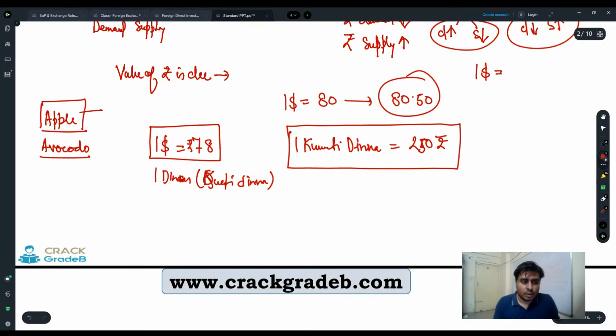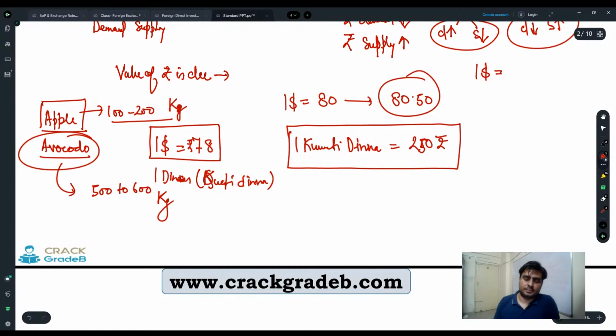So if you try to find the price of apple, it is somewhere from 100 to 200 rupees per kg, right? Whereas if you go for avocado, it will be somewhere around 500 to 600 rupees per kg, right?